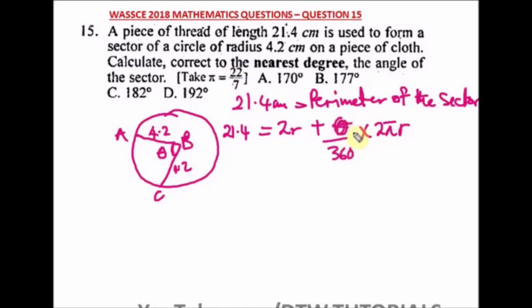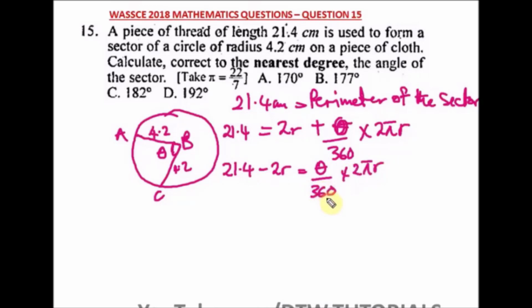So all we need to do is look for this theta. Let us make theta the subject of the formula so it will be easy to put in our values and calculate. Take plus 2r across, and we have 21.4 minus 2r equal to theta over 360 times 2 pi r.